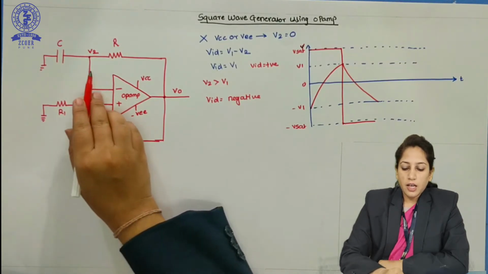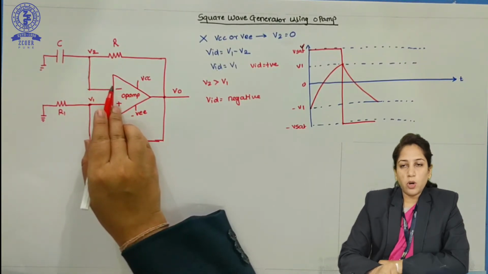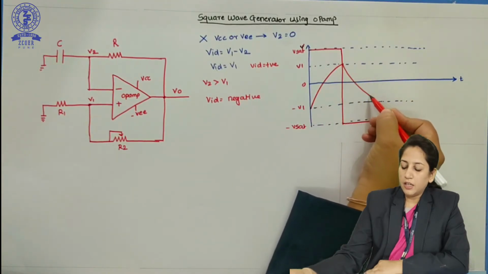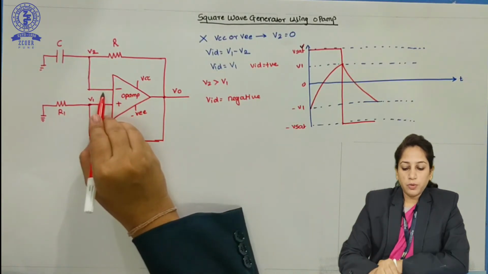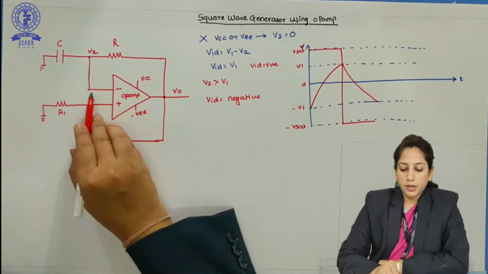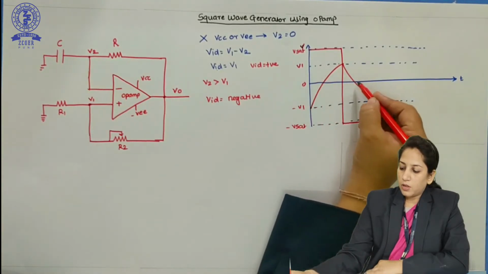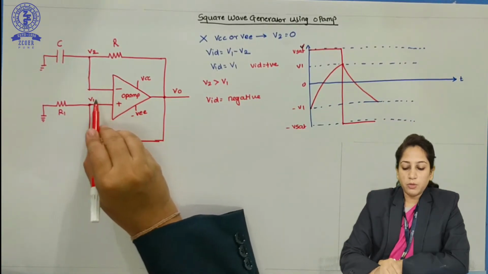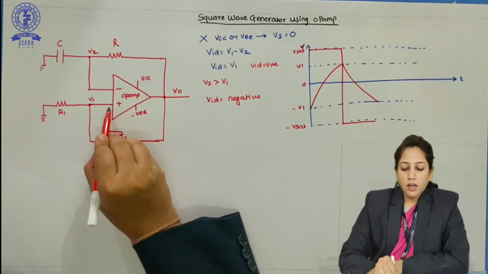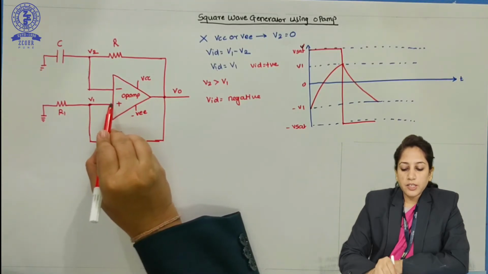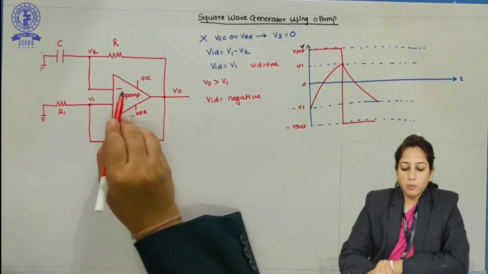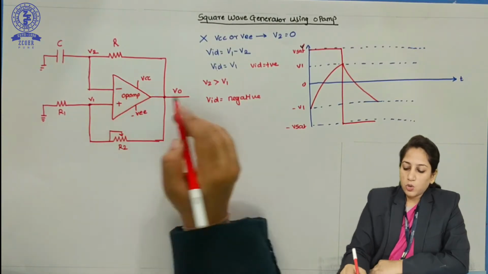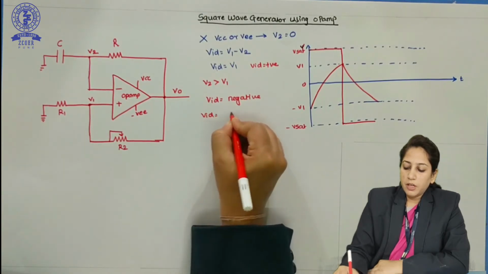As V2 goes on decreasing, at a certain instant V2 will go negative after 0, and as soon as V2 becomes more negative than V1, the voltage at the positive terminal will be more than the voltage at the inverting terminal, and so my VID here will be positive.